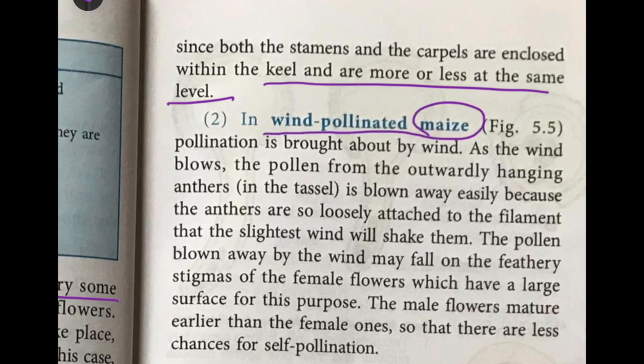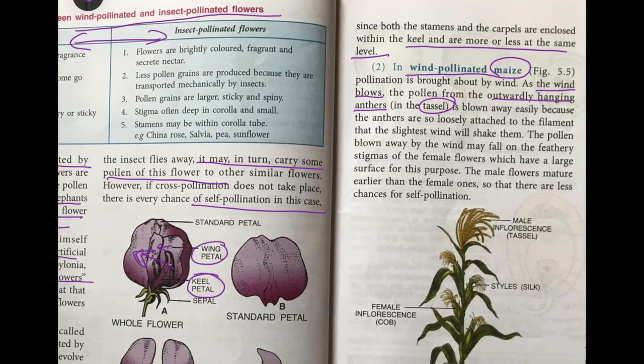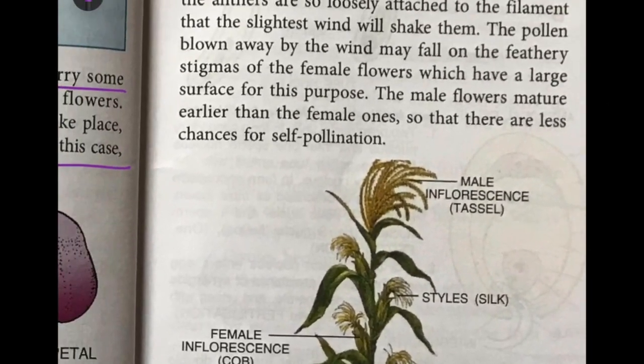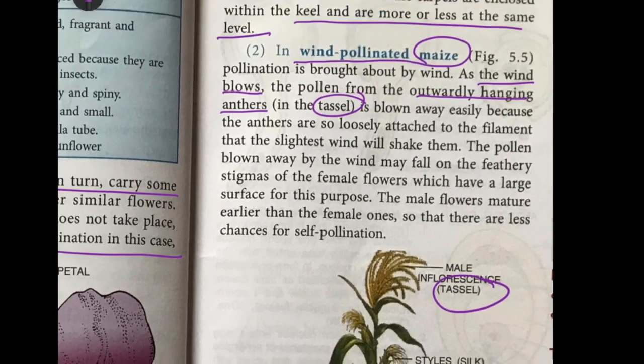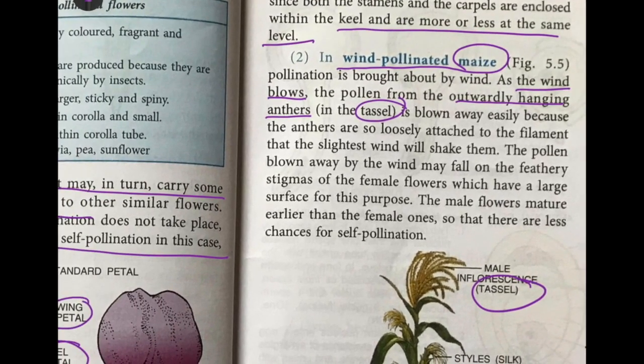It is brought about by the wind. Now, as the wind blows, the pollen from the outwardly hanging anthers in the tassel, see, there, this is the tassel. So what do you have in the tassel? You will have the anthers. The pollen is blown away easily because the anthers are loosely attached to the filament. Why is it loosely attached? So that the slightest wind will be able to carry them away.